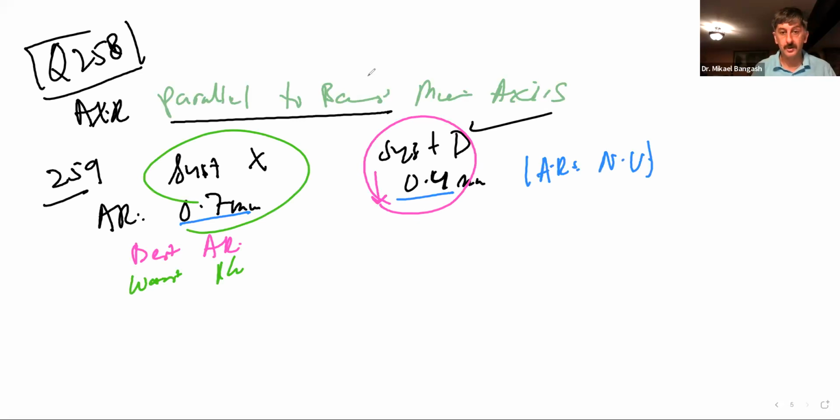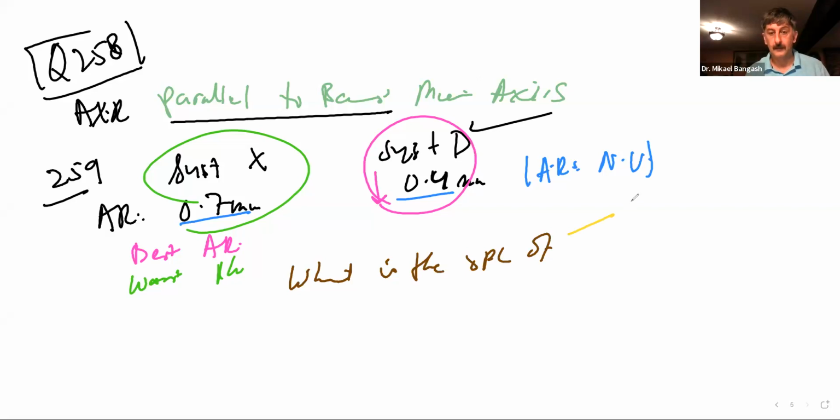What also could be asked is, these are the two systems, and they may ask you what is the spatial pulse length of either system. System X. And system D.